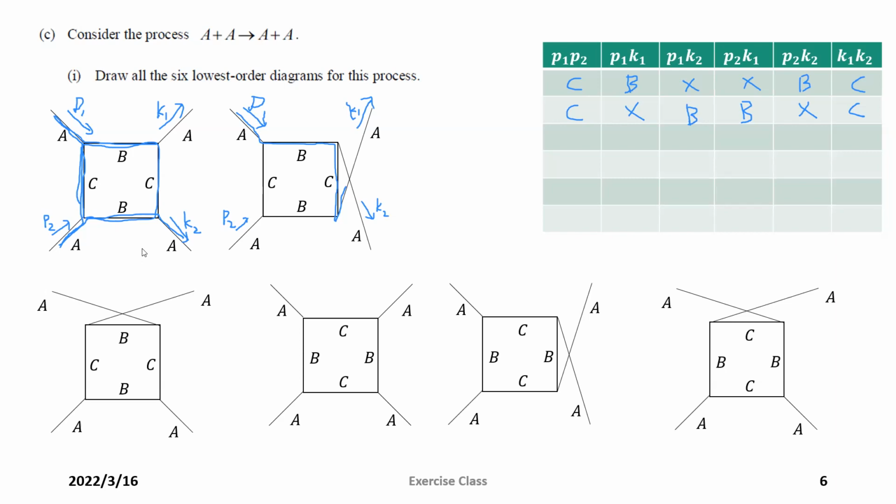So you may ask whether this will be a new diagram, but you can check that the connection of the four momentum is in fact the same as one of these diagrams. So in total, we only have 6 independent different diagrams. So that's the answer for part 1.